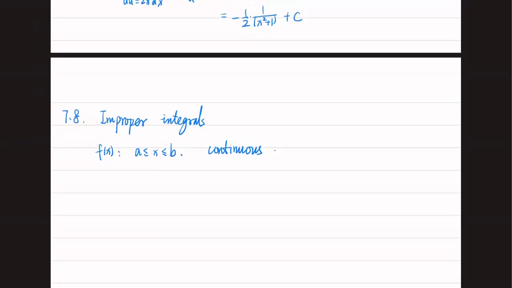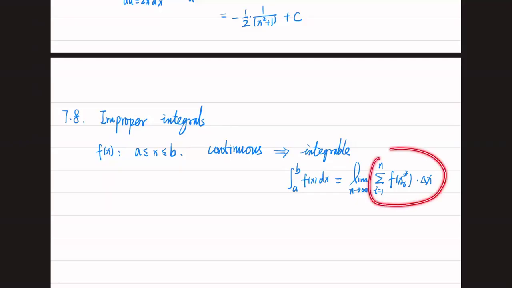Then its integral is defined as the limit when the partition goes finer. Let's check. And this is what we call the Riemann sum.